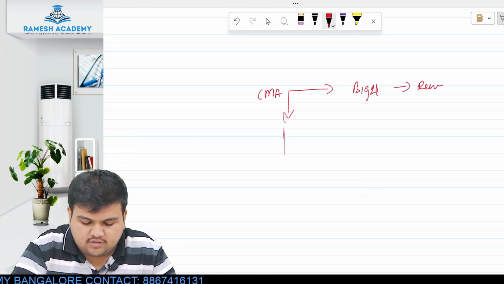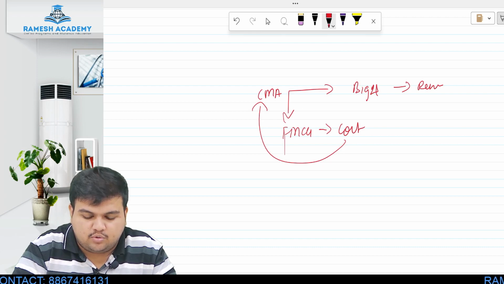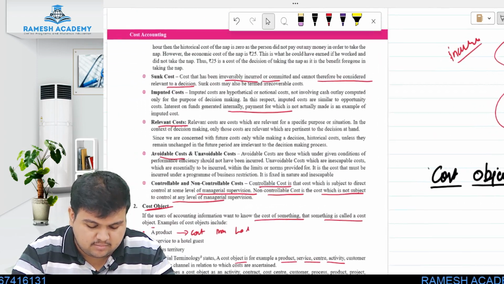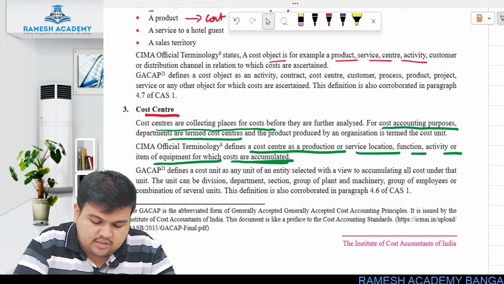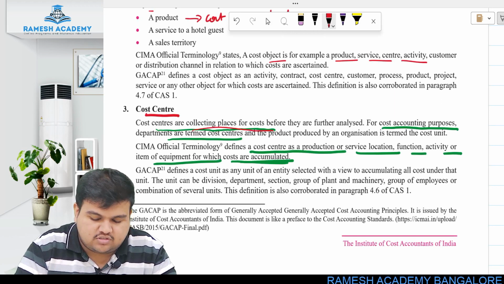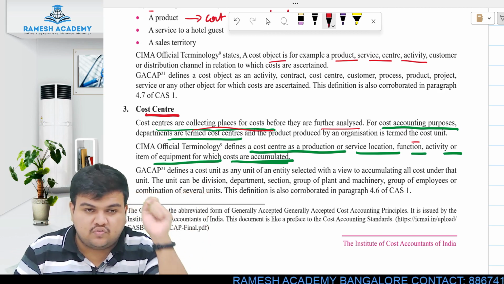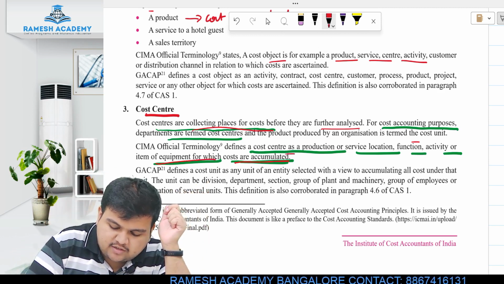If you join an FMCG company, you are a cost center, because they just need to pay salary to you. You don't bring any income to the company. You just accumulate cost in the company. They are just a collecting place for cost, which is then further analyzed. You are responsible only for the cost, that's why too much cost is accumulated in cost centers.